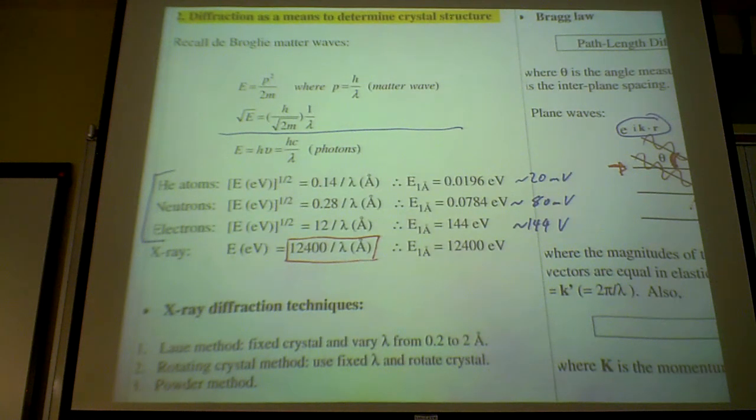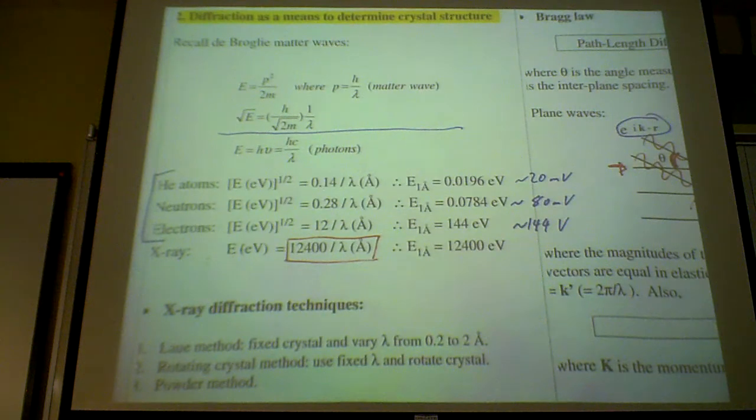So you send in a wave, and your crystal structure, the spacing between atoms, is typically measured in terms of angstrom, right? That's why we have the unit angstrom, 10 to the minus 10 meter. And so if you have a wavelength very close to that, then you would have diffraction phenomena. Okay? So what you're trying to do is to create a wave situation that's very close to an angstrom.